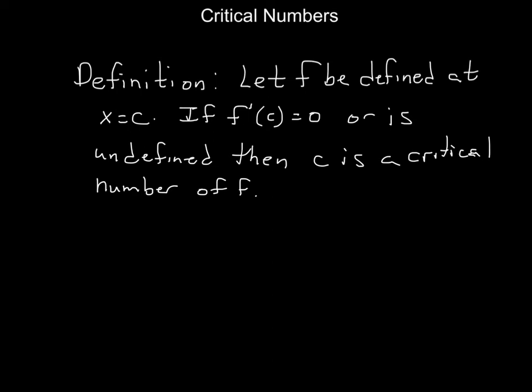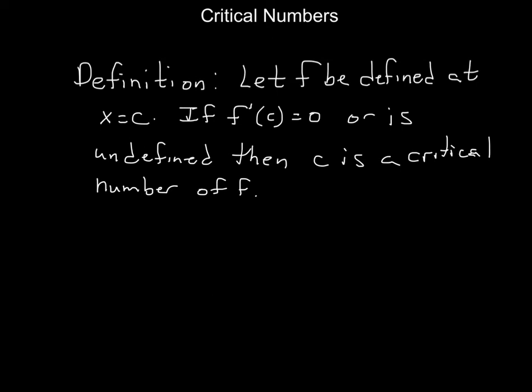So right now you are probably asking, why are critical numbers so important? Well, here's why. Wherever a function has a relative max or min, those relative max and mins are only going to occur at critical numbers.